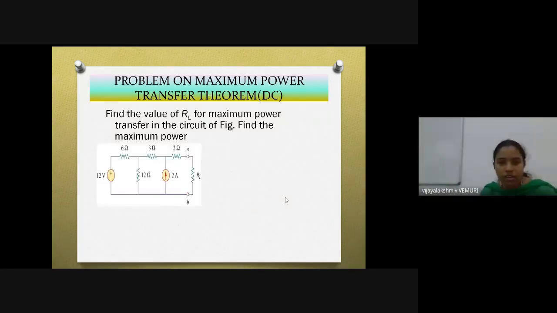A very simple circuit is given and you are asked to find out RL. How can you find out RL? Can anyone tell me? Yes, ma'am? When maximum power is transferred, you tell me the condition for a DC circuit.